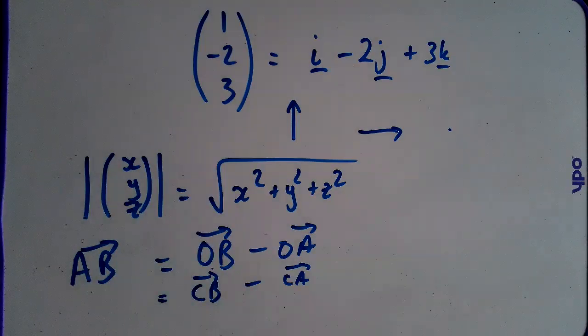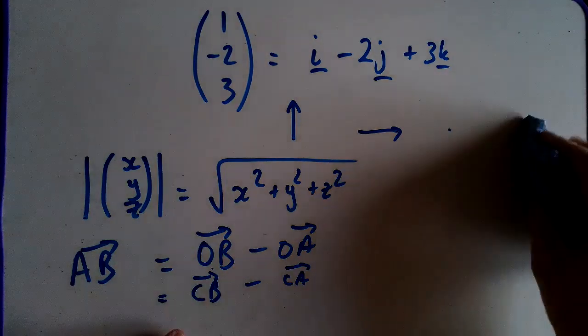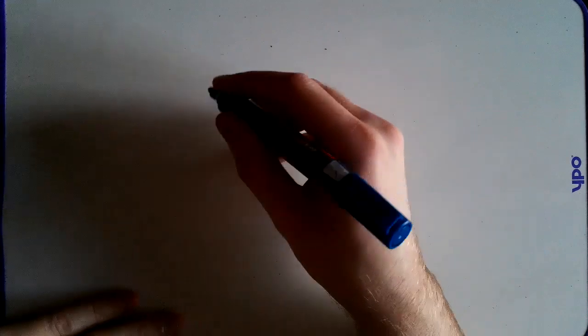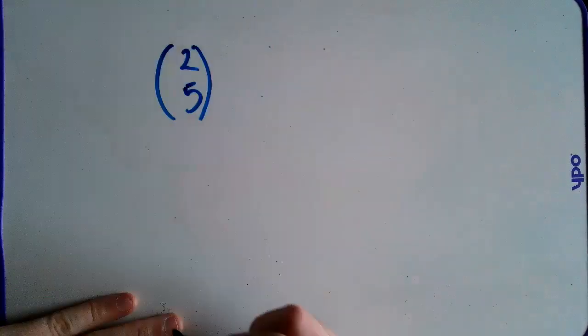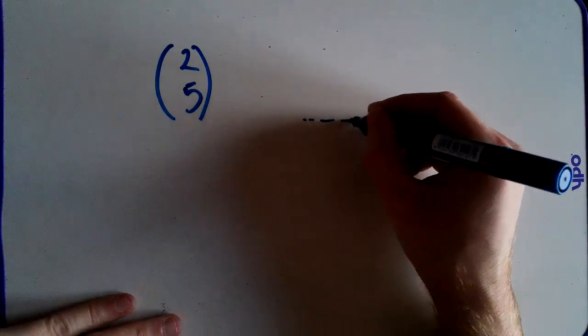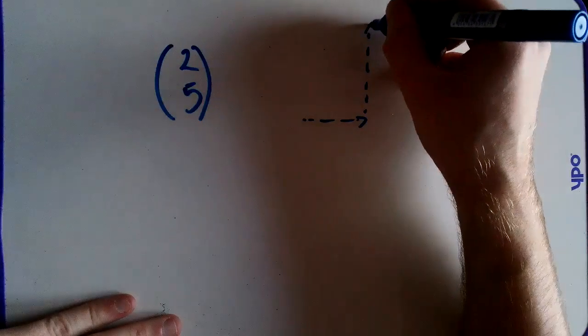Okay, now if we focus a little bit more on 2D vectors, because that's what we're going to do next, 2D kinematics. If I have a vector, let's say (2, 5), that means 2 along and 5 up.